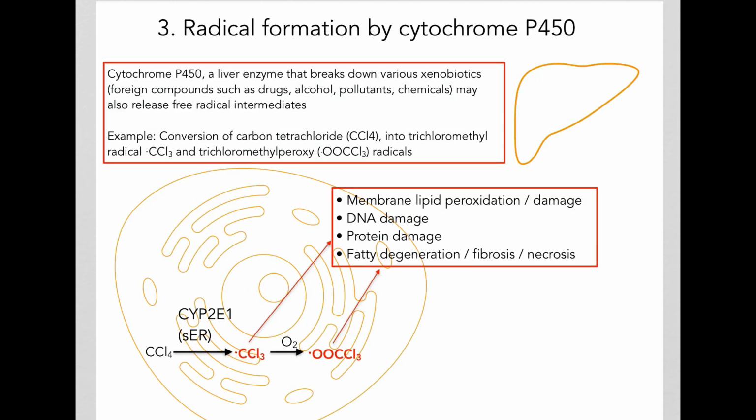Another example of radical formation by an enzyme is seen in the liver enzyme cytochrome P450. This family of enzymes breaks down various foreign chemicals, what we call xenobiotics, such as drugs, alcohol, pollutants, and other chemicals.